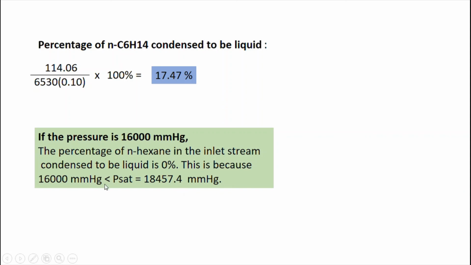The pressure needs to be greater than the saturation pressure for condensation to happen. If the pressure is lower than the saturation pressure, it will not happen. So the condensed percentage of N-hexane is 0%. Thank you.